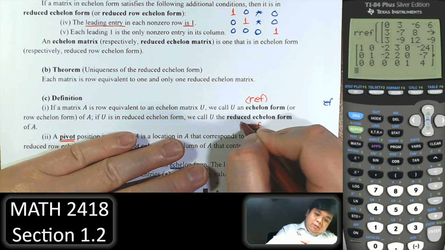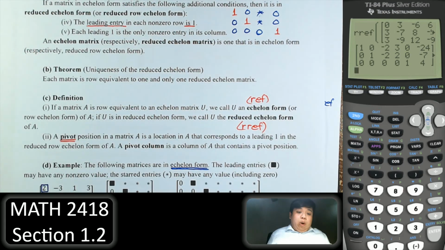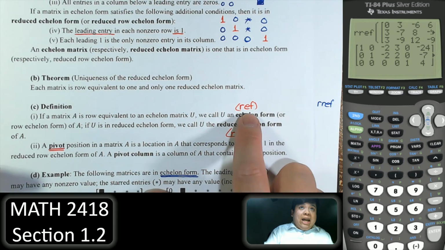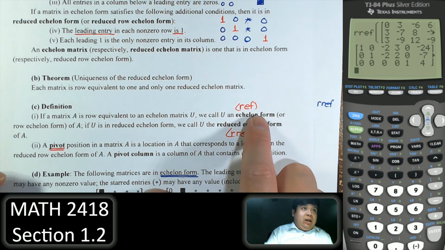By the way, the row echelon form is not unique.